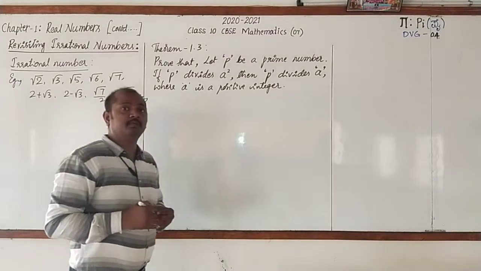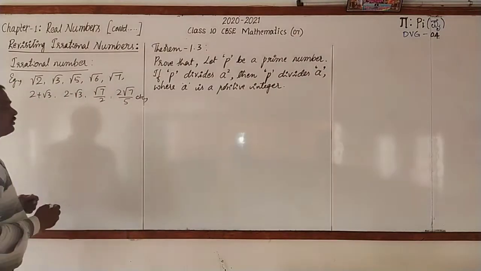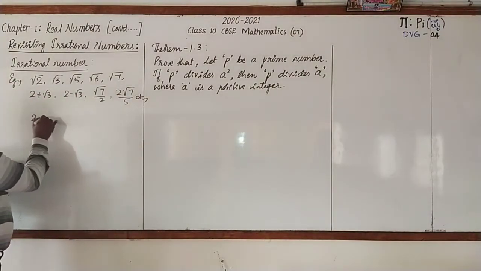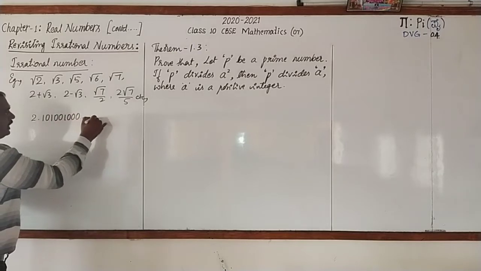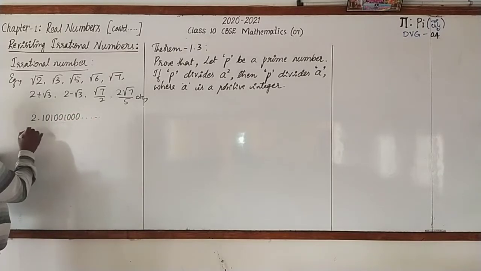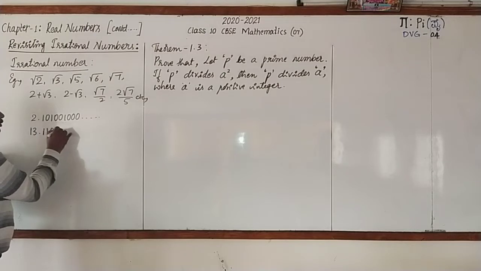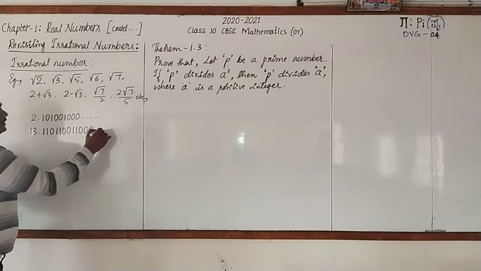And we have even defined irrational numbers in terms of decimals. I am going to write one decimal number. Look here. 2.10, 100, 1000, and so on. Let me take one more. 13.110, 1100, 3 times 0, and so on.